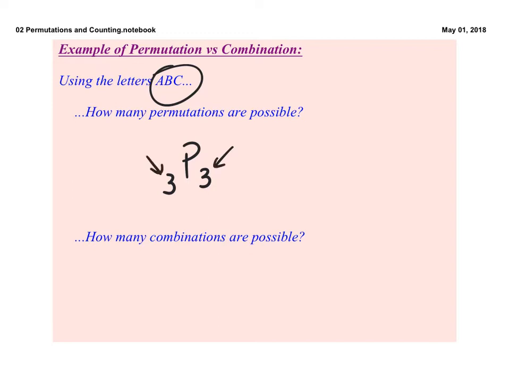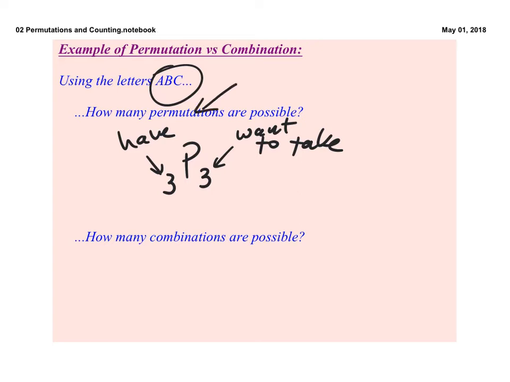This is how many you have. This is like the possible, okay? And this is how many you want to take. All right, so if it's 3P3, that means I have 3 things, and I want to take out all 3 things, but this is important, the order matters.